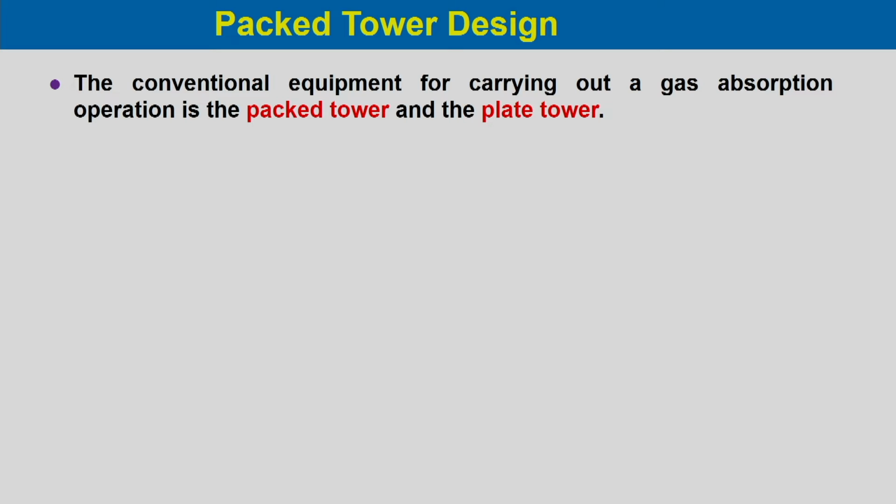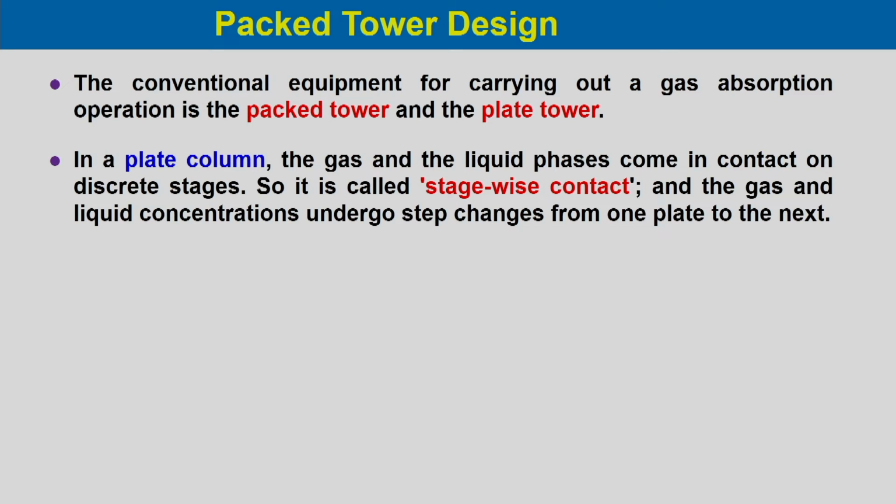And we have seen that in a plate column the gas and the liquid phases come in contact in discrete stages. So, it is called stage wise contact. That means, if the gas flows counter-currently in the column, the liquid flows from the top through different trays and exits at the bottom, and the gas enters at the bottom and exits at the top.